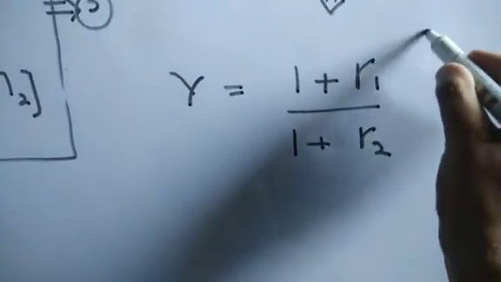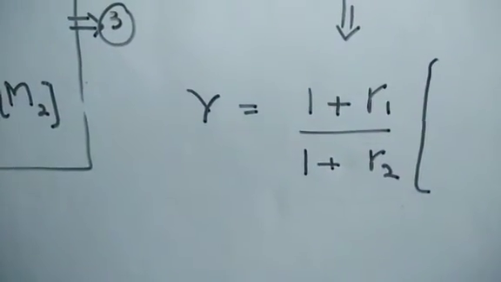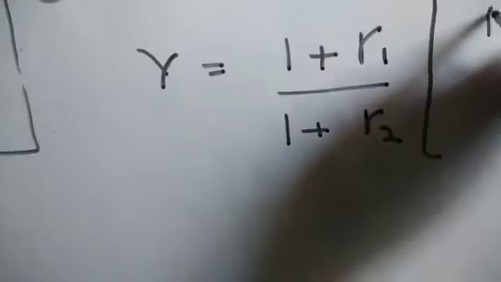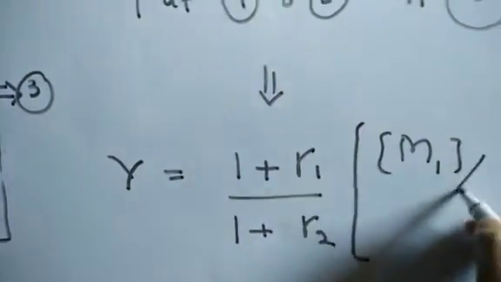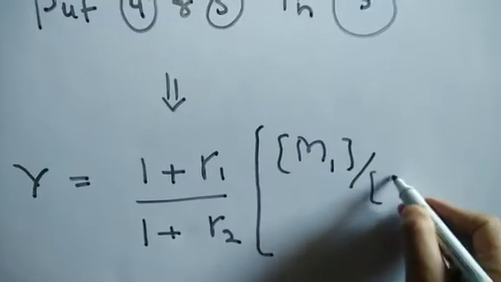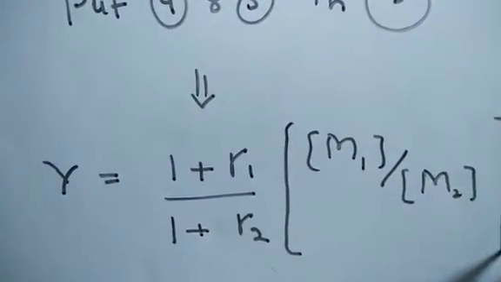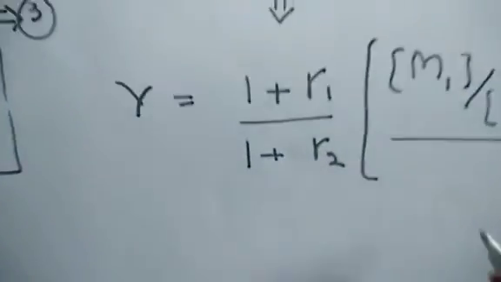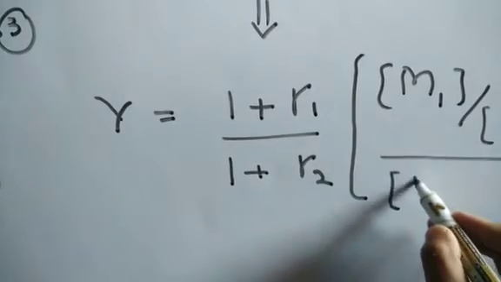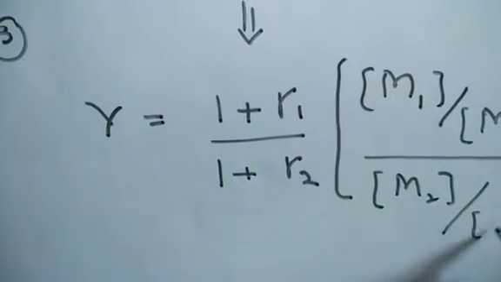Then you will end up with a long bracket, M1 by M2, and then M2 by M1.